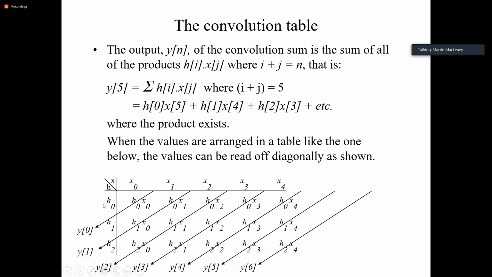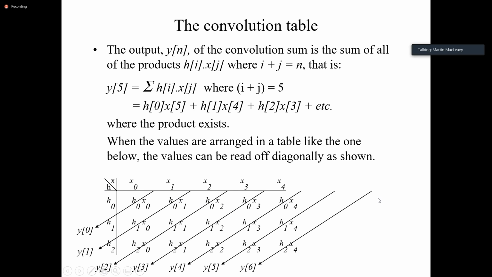And then where each row and column intersect, you will multiply the values at the head. Supposing it was 3 and this is 2, you multiply 3 by 2 and that gives you 6, you put it there. Here, 3 by 1.5, 4.5, and you put it there and so on.